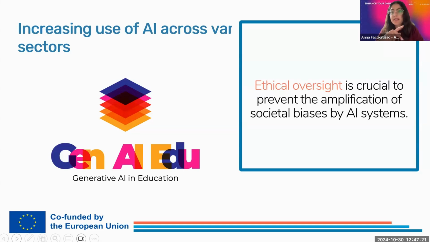AI has many potentials, and one of these is for sure to deliver a significant advantage across numerous domains, but the lack of ethical oversight might result in the amplification of existing societal biases.